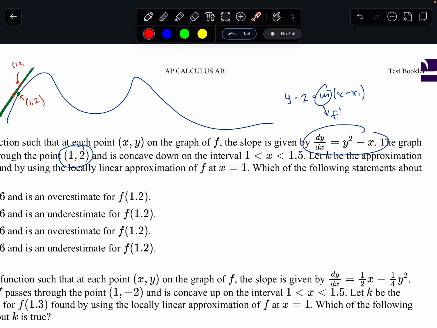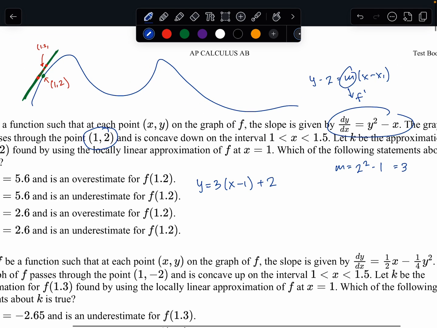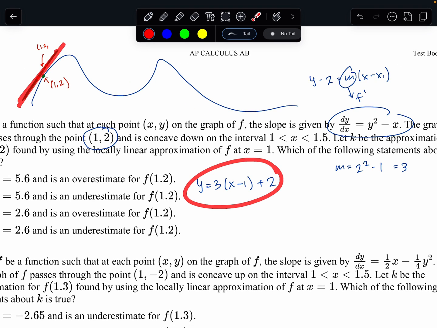So we plug in these values to find m, and we get m equal to 2 squared minus 1, so that's equal to 3. So our line is y equals 3 times (x minus 1) plus 2. So here is our tangent line.